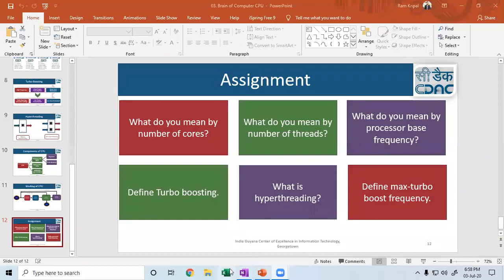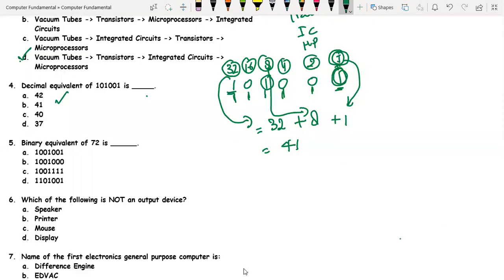Wait. The screen is not visible. Let me check. Now you can see it? Yeah, I see it now. Oh, so sorry about that.